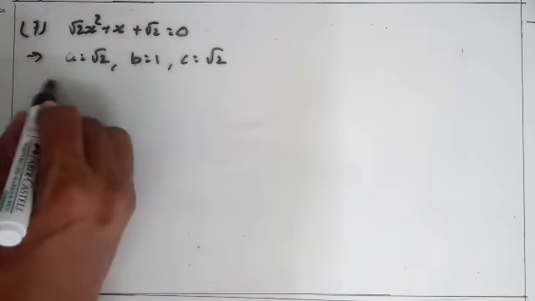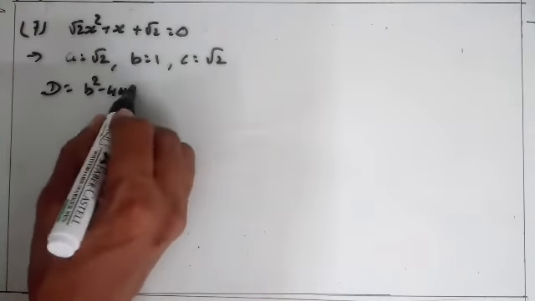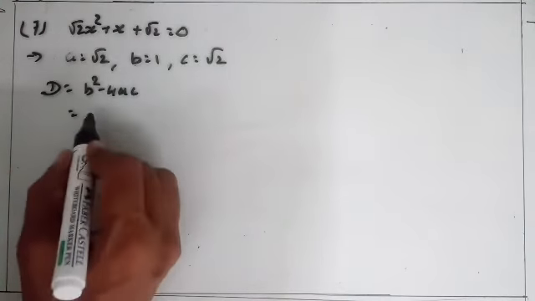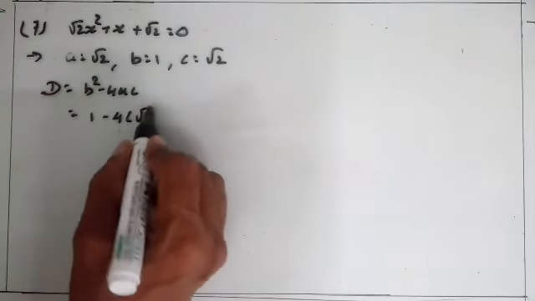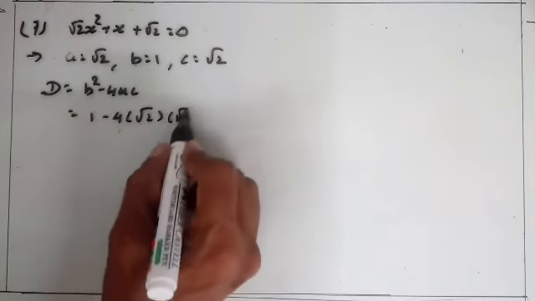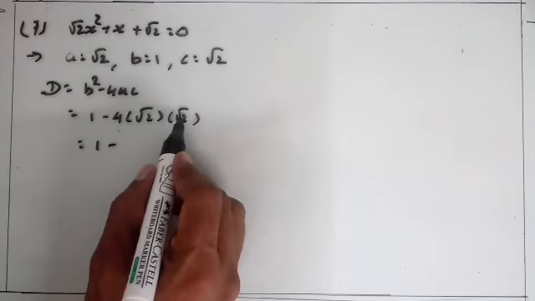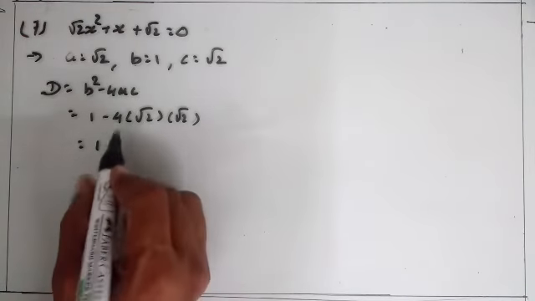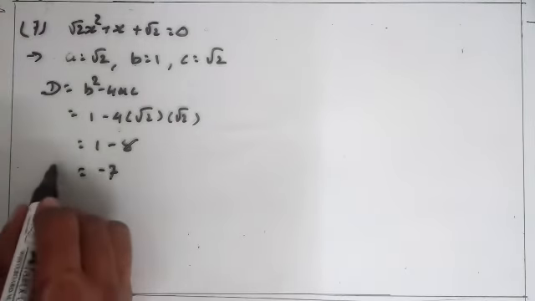Now find the discriminant D = b² − 4ac. Here b² = 1² = 1, minus 4 × √2 × √2, so D = 1 − (√2 × √2 = 2) × 4, that is 8. So D = −7.